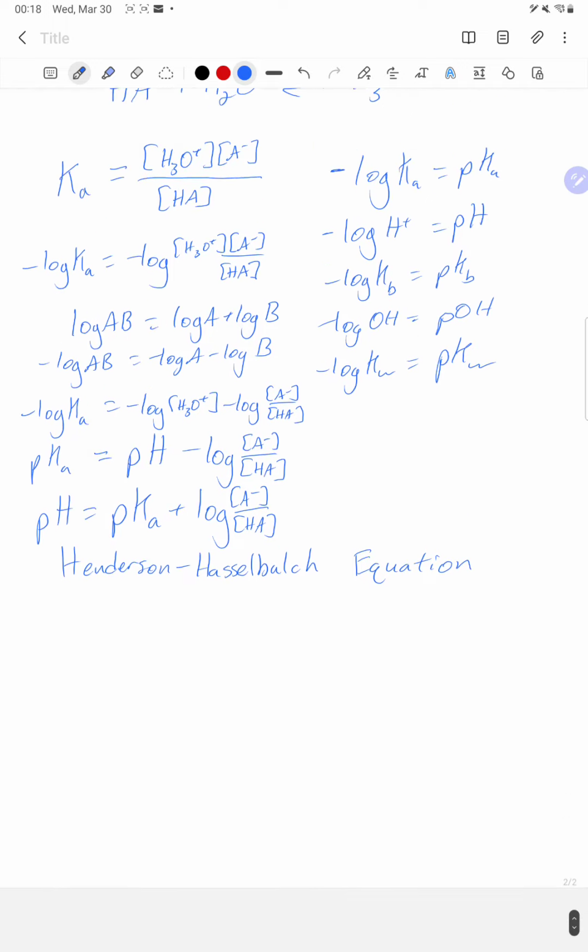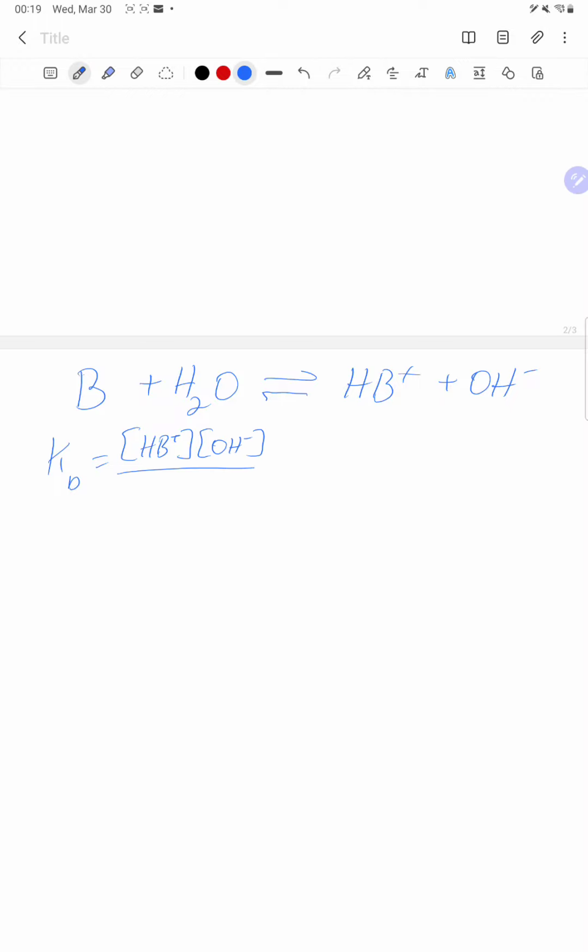We can also do a base equation. So if we have a generic base that's reacting with water, we will see this form HB plus, plus OH minus. So our Kb is going to be equal to HB plus OH minus over B. Again, you exclude water.